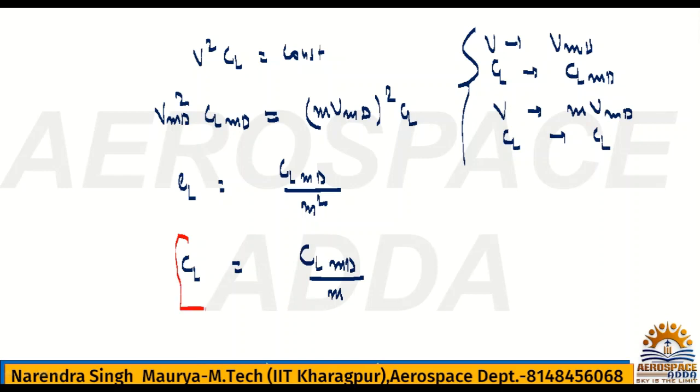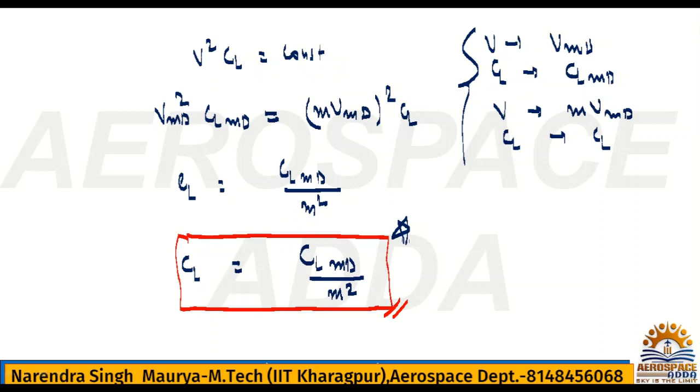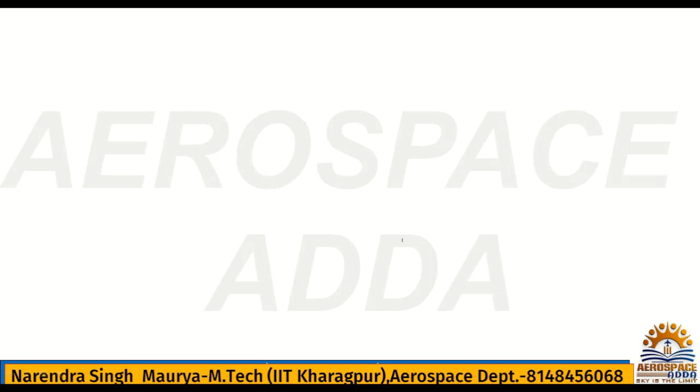If any speed is given as a multiple of VMD, then the value of CL will be CLMD divided by m square. This is very important, you need to take care of it. Number one. Similarly, we need to calculate CD also. So what will be the corresponding drag coefficient?